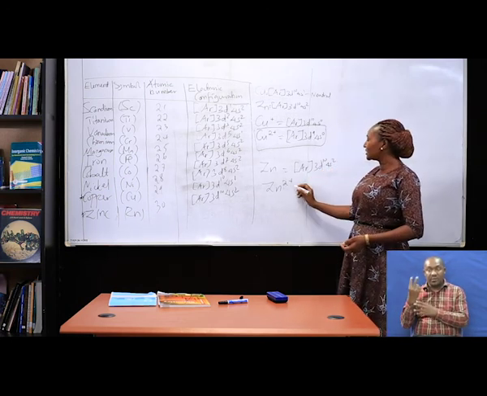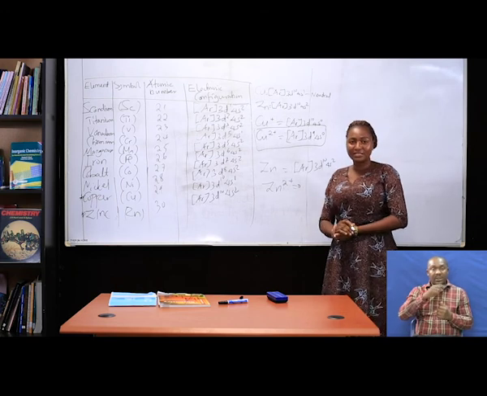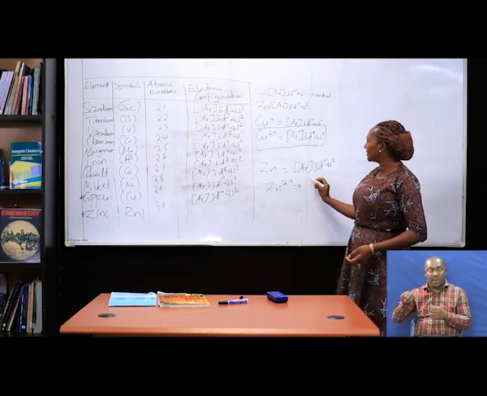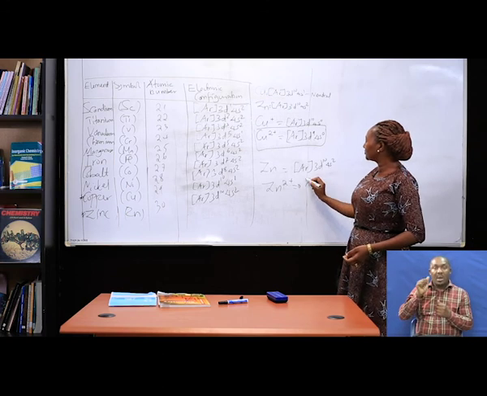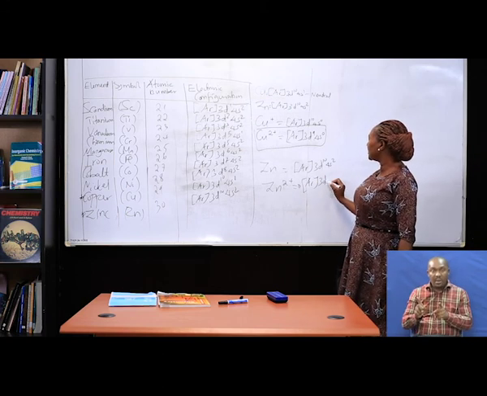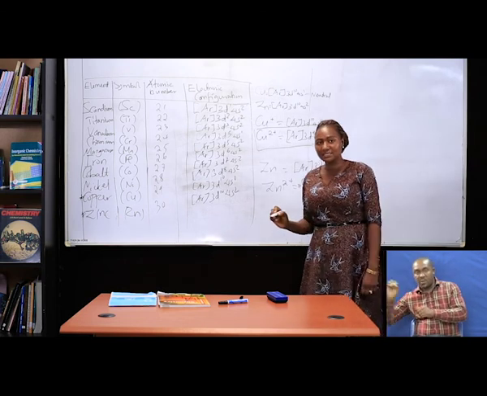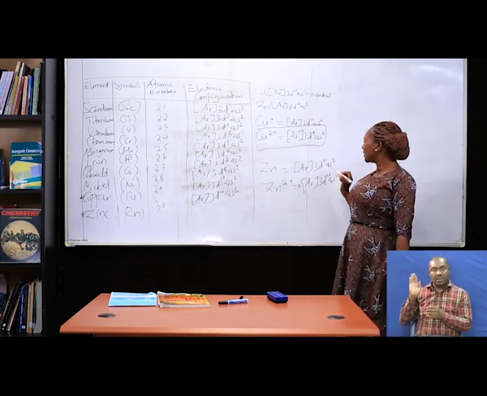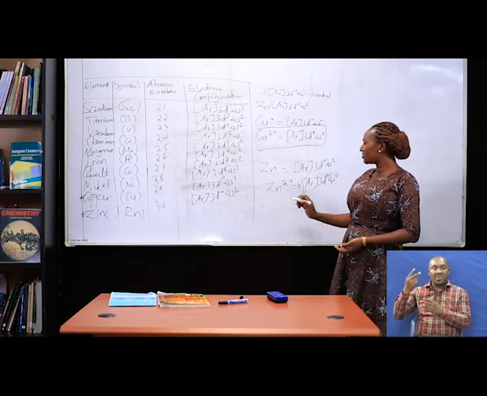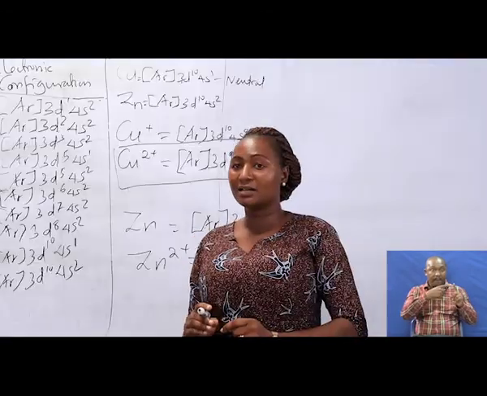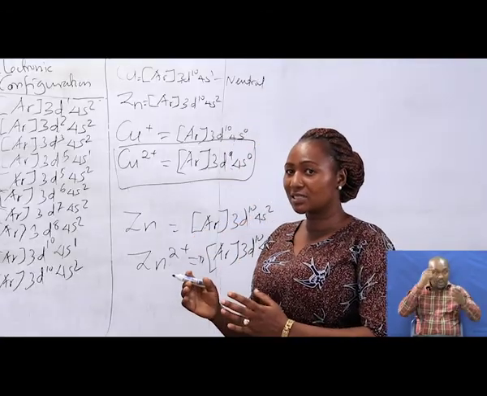When you write the electronic configuration of the zinc 2 ion, it will be argon 3d10 4s0. That means there are no 2 electrons in s, because when you see a positive charge in chemistry, it means something has been lost.